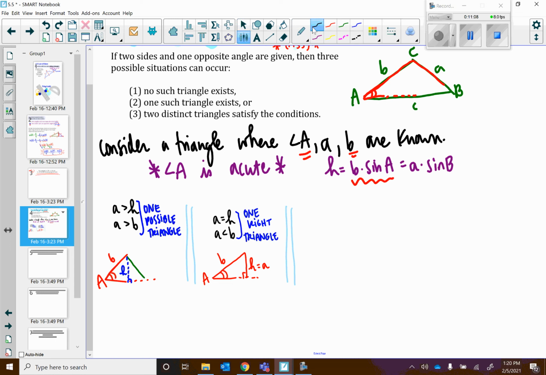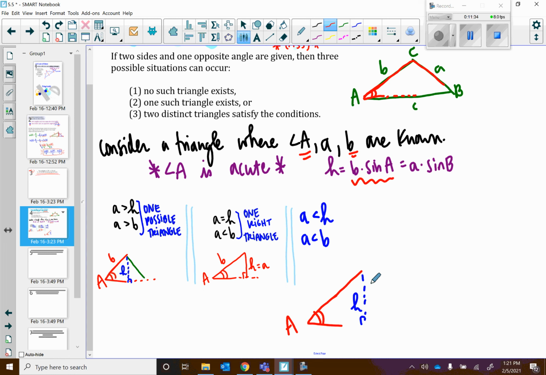Okay, we have two more cases. Let's consider what happens when side A is less than the height and side A is less than that other side B. So again, we have angle A right here. We have side B, and let's say B can maybe be this long, and our height, I kind of want to do that dashed. This is our height right here.